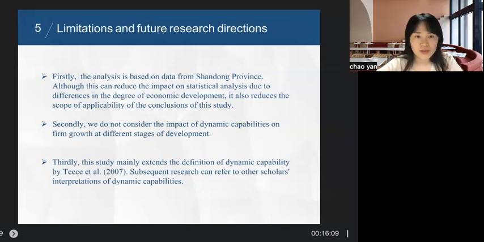Secondly, we don't consider the impact of dynamic ability on firm growth at different stages of development. Thirdly, this study mainly extends the definition of dynamic ability by Teece. Subsequent research can refer to other scholars' interpretations of dynamic capabilities.